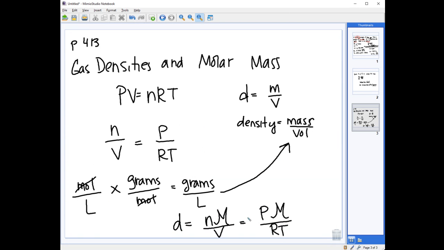So density is equal to the pressure times the molar mass divided by our ideal gas constant times temperature. And why would we look at that? Well, this tells us that our density is dependent upon its pressure, its molar mass, and its temperature. The higher the molar mass and pressure, the denser the gas. The higher the temperature, the less dense the gas.